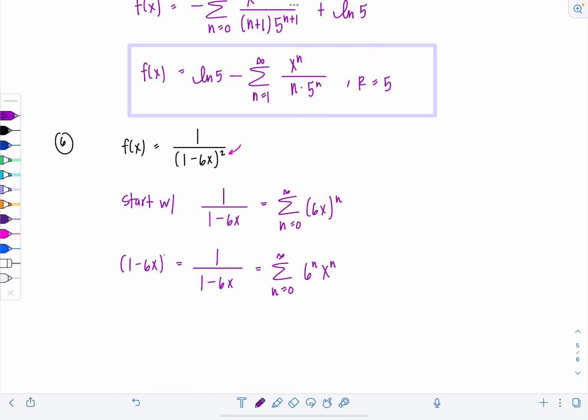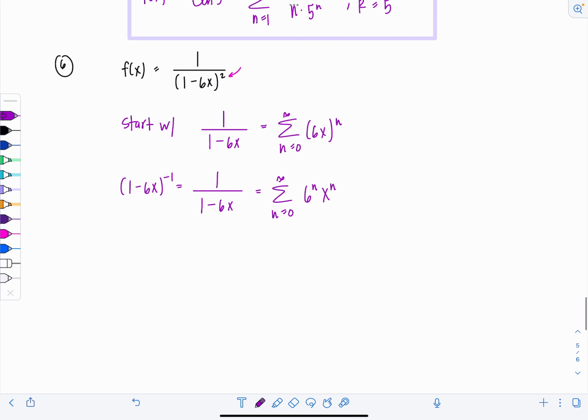I'm going to rewrite this though as 1 minus 6x to the negative first. Okay, so the derivative with respect to x of 1 minus 6x to the negative first. So bring the exponent down in front, subtract 1, and then this time when we do the chain rule, what's the derivative of the inside? It's negative 6.